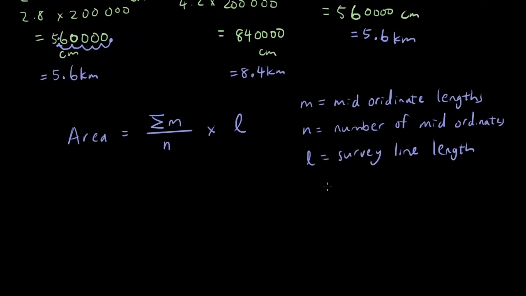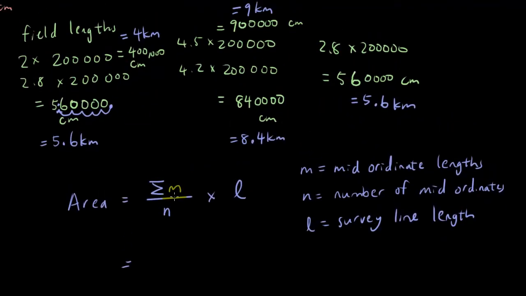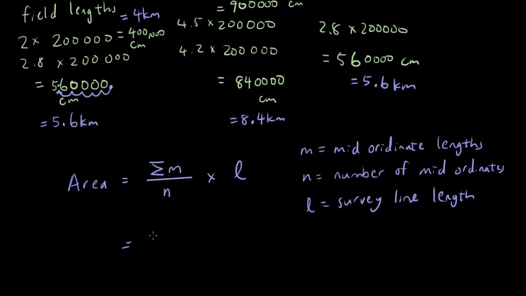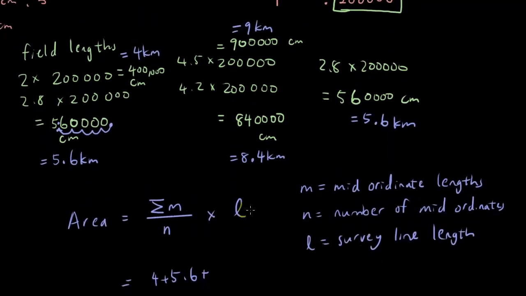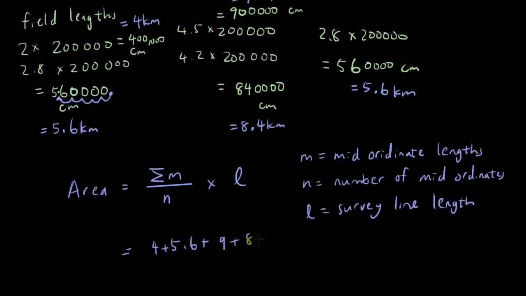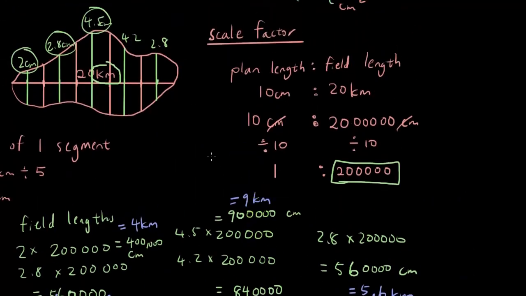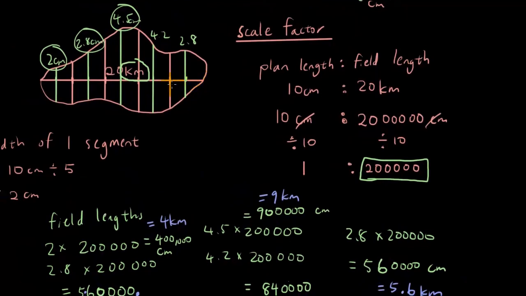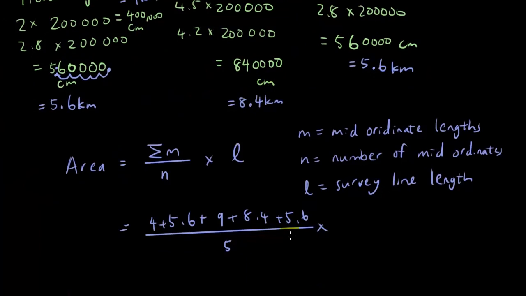Okay, so we're working in kilometers, so let's add all the numbers together. We have 4 plus 5.6 plus 9 plus 8.4 plus 5.6, divided by n, which is 5 because there are 5 lines, times L, and L, which is the length of the survey line we said before, is 20.